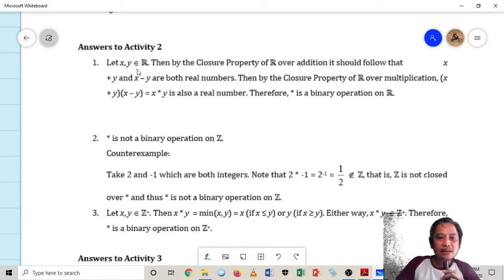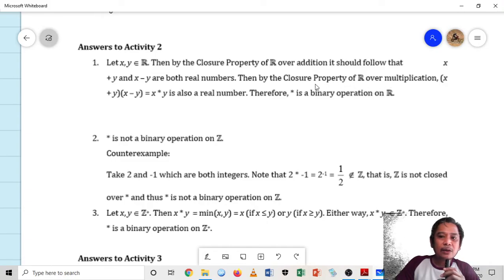So we let two elements x, y be in R, and since addition is closed in the set of real numbers, that is, if we add two real numbers, the answer is also a real number, it should follow that x plus y and x minus y are both real numbers. Why? Because x minus y is defined as x plus negative of y. Right? So that is still addition of real numbers, because if y is a real number, then negative y is also a real number.